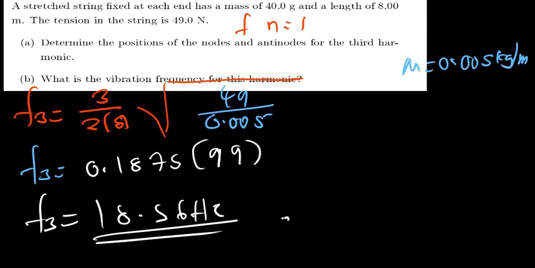So 0.04 divided by the length, which is 8. Okay, that was just correct, which is 0.005. So what is 49 divided by 0.005?